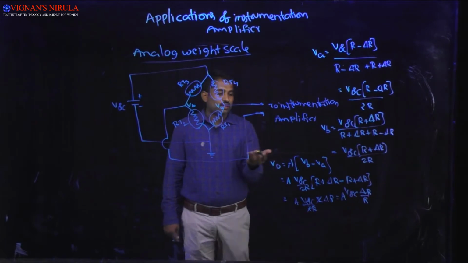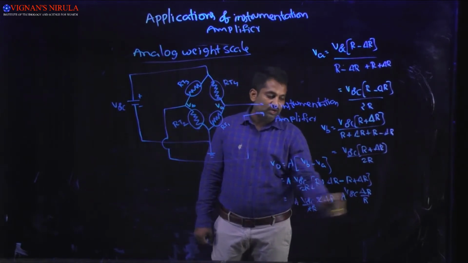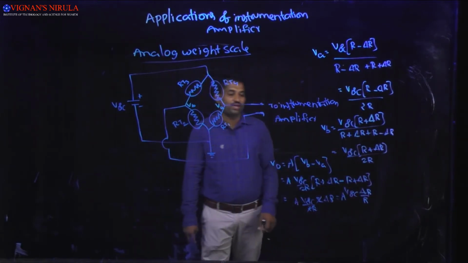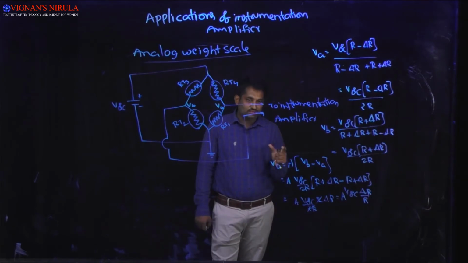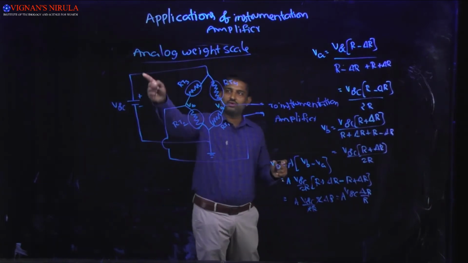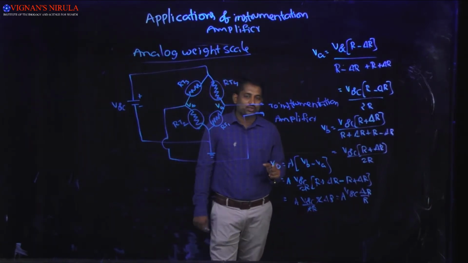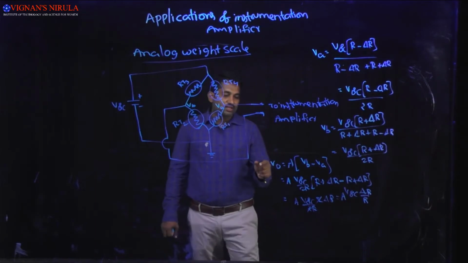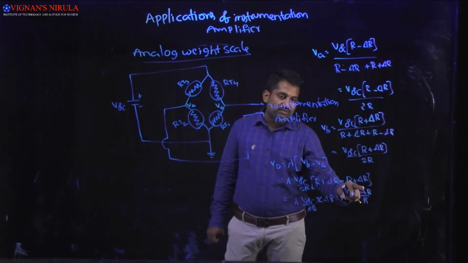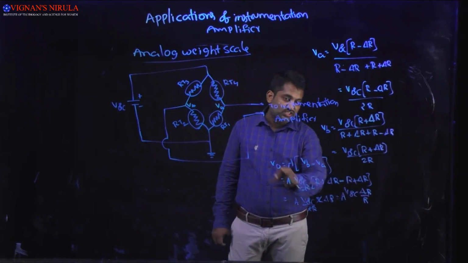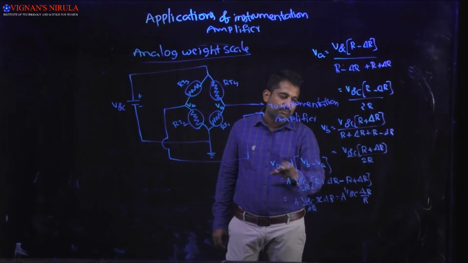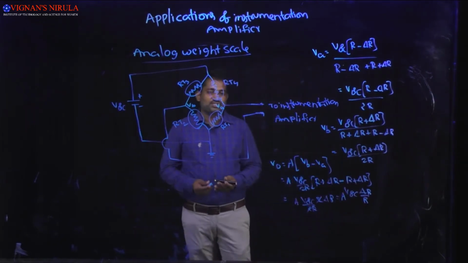Okay, this is about the output voltage of the instrumentation amplifier. So if we are including the analog weight scale circuit, the output voltage always depends upon the change in the resistance value.